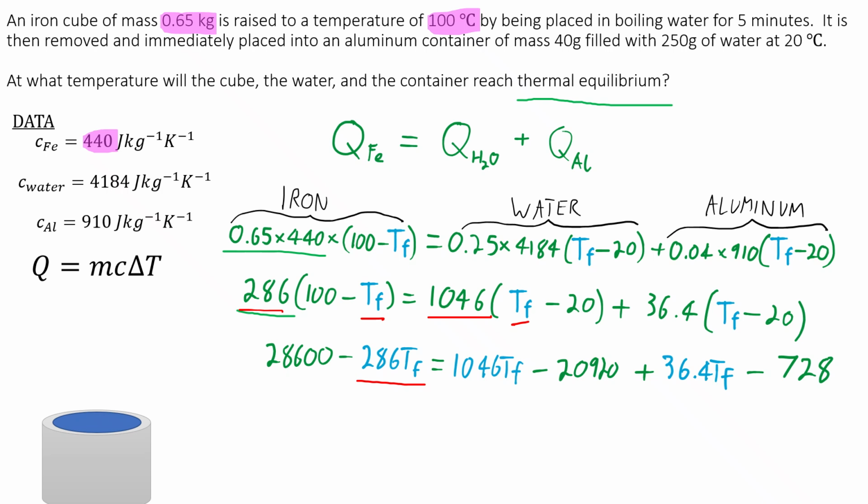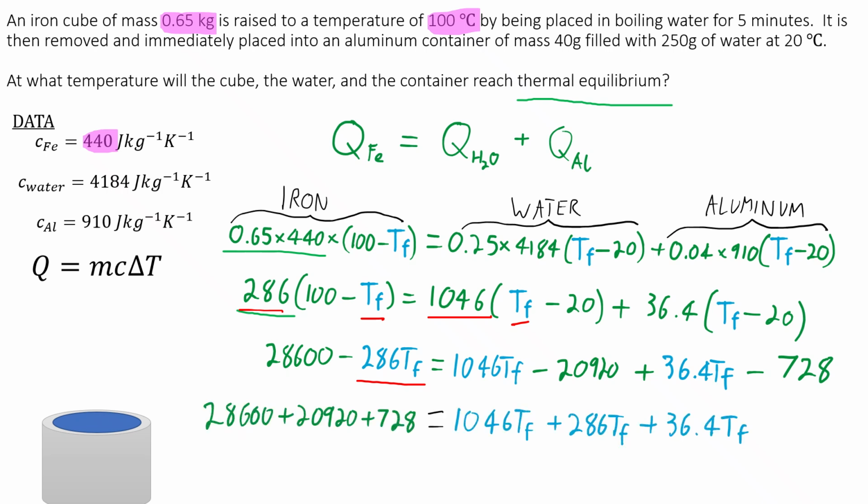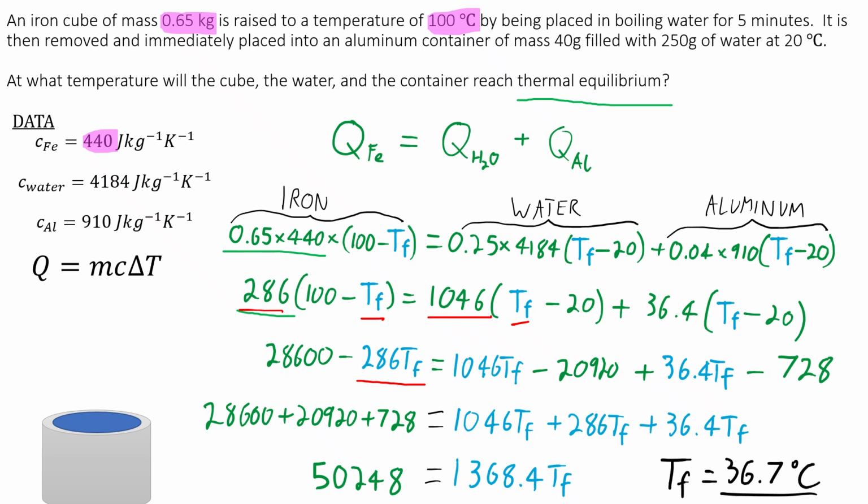And you can kind of see where this is going. We're going to move all of the TFs over to one side and all the other numbers to the other side. Resolve all that, and then do a quick bit of algebra: if we divide the green number by the blue number, we should end up with a temperature of about 37 degrees C.